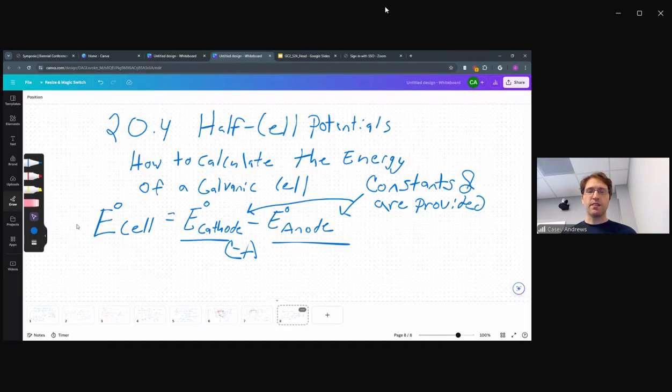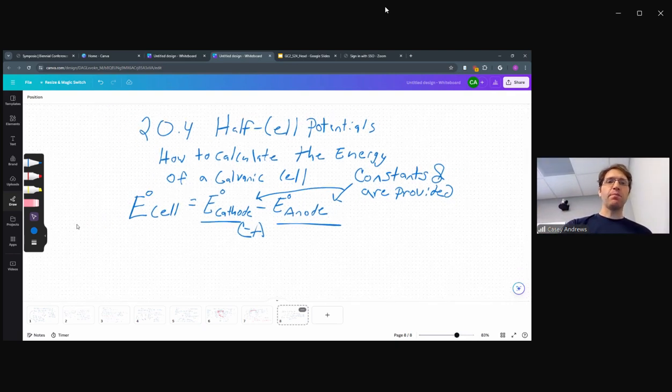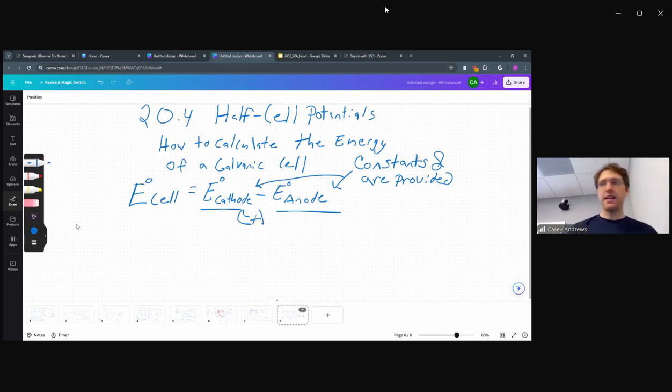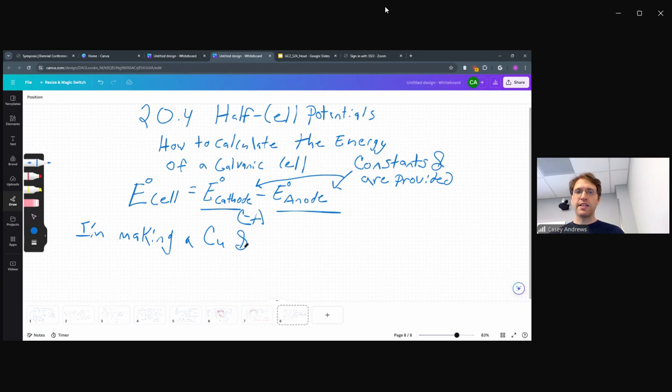All right. So on that slide, we have an example. So the example is basically, I'm making a copper and zinc battery.